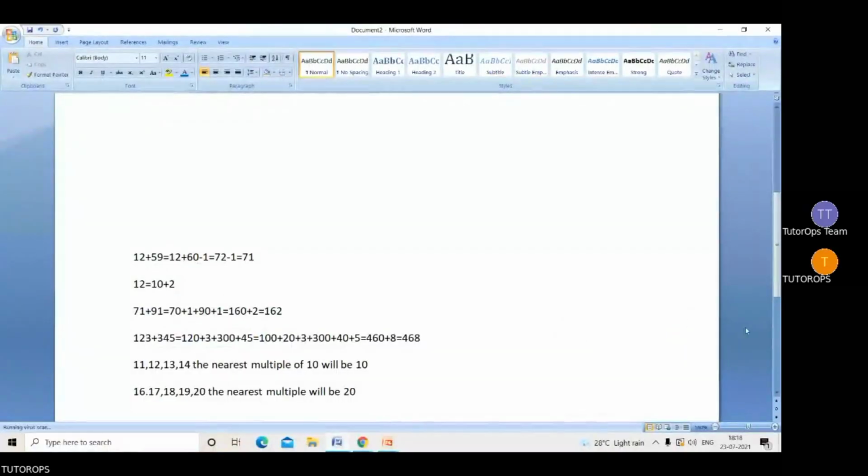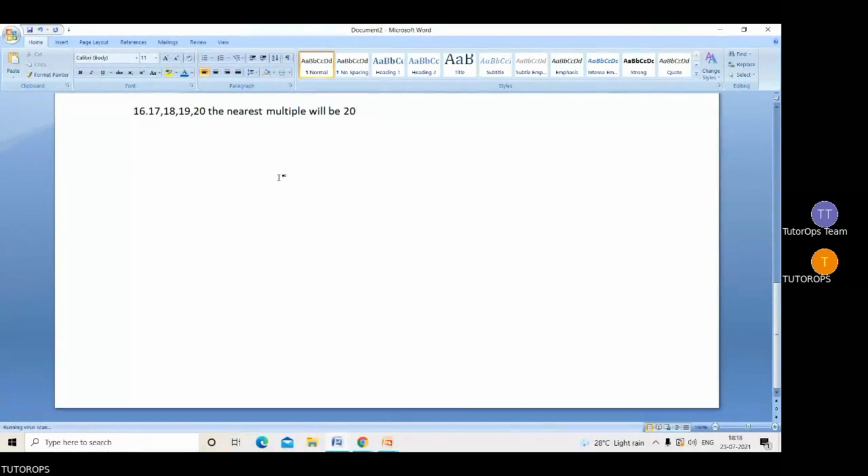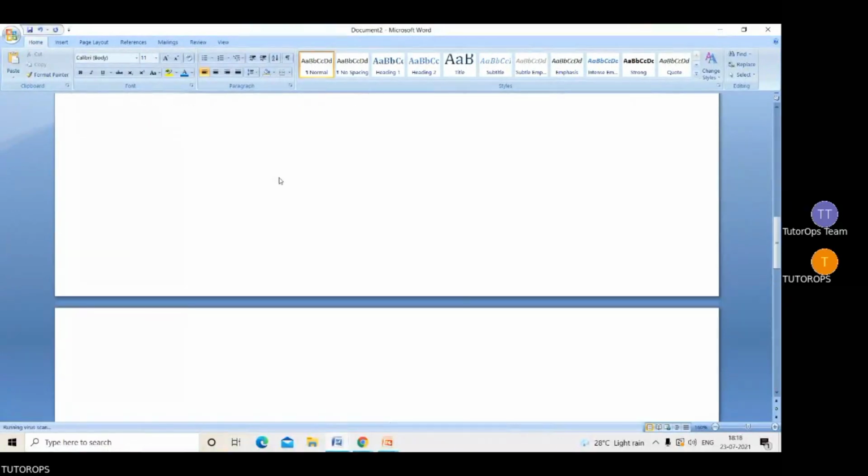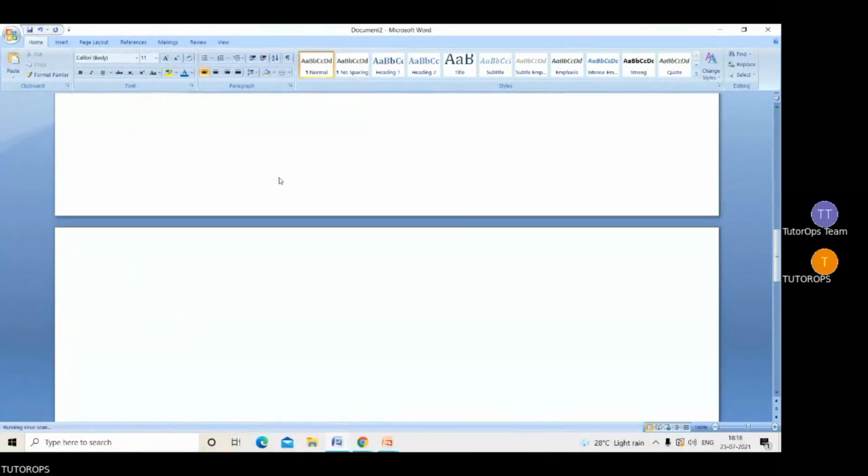Now let me take an example of how the method works. A simple problem: 12 plus 34. In this method, we need to add to 10 point. What do you mean by the 10 point? We know that 12 plus 34 will result in 46.